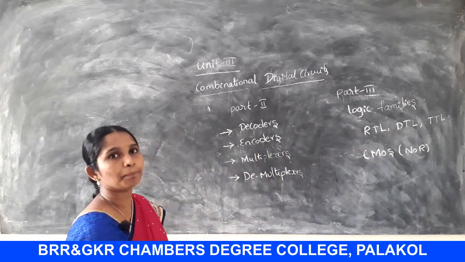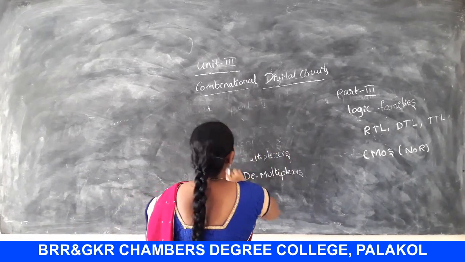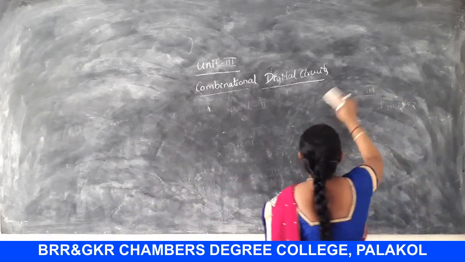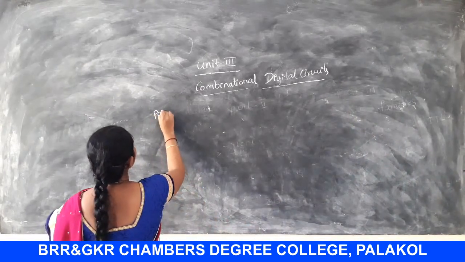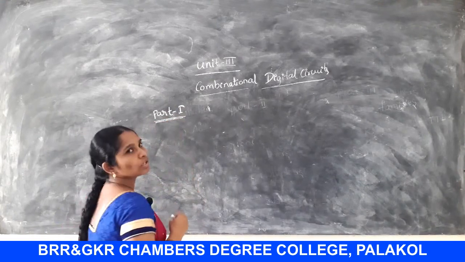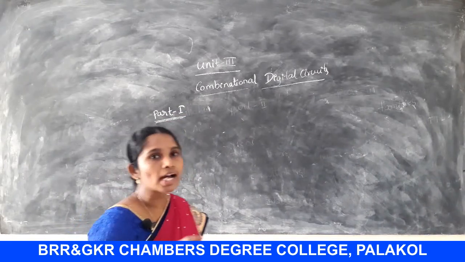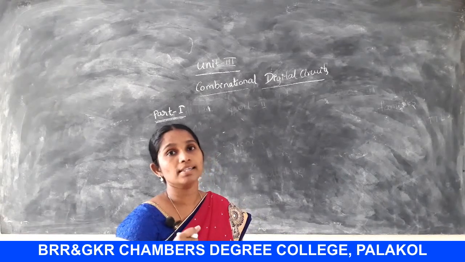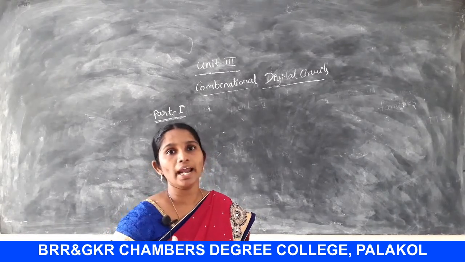Now I will start part number 1. First of all, what is meant by a combinational circuit? In the last 2 units we discussed number systems, and in the second unit we discussed some Boolean algebra and some gates.